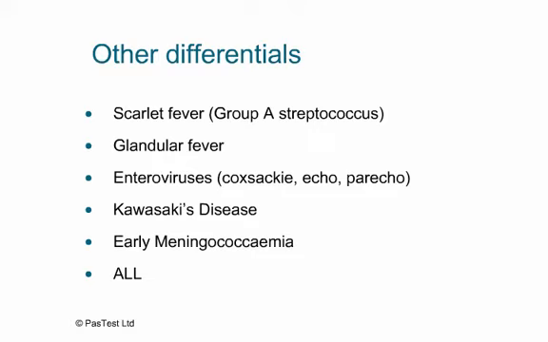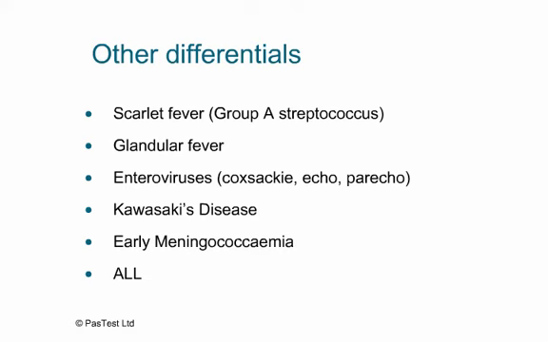Glandular fever, enterovirus infection, Kawasaki's disease, and early meningococcal should all be considered in a child with a blanching rash and high fever. And finally, acute lymphoblastic leukemia frequently presents with this sort of presentation as well.